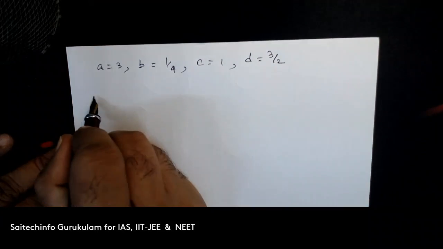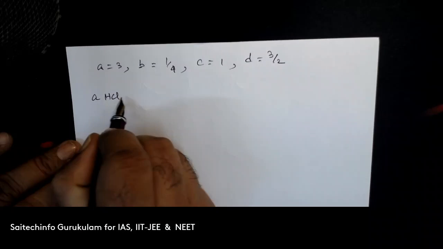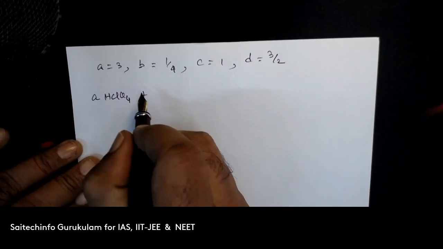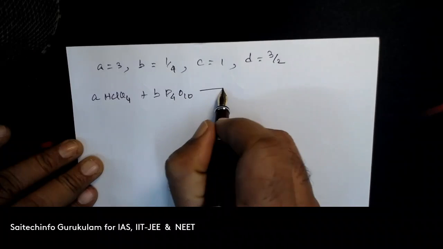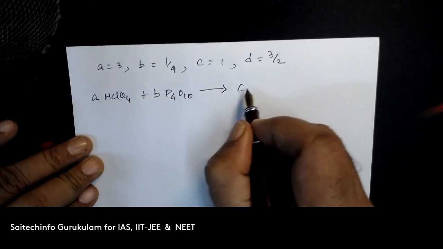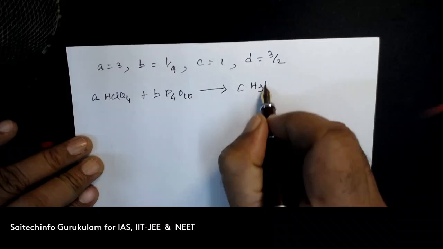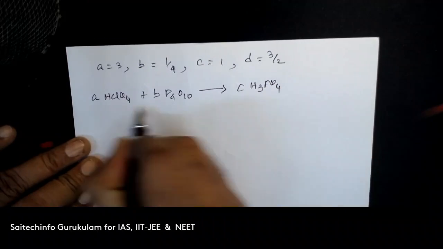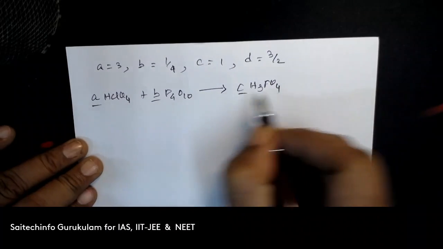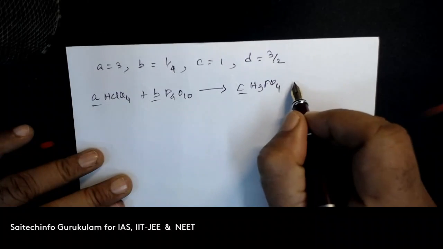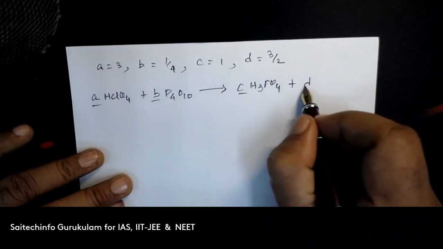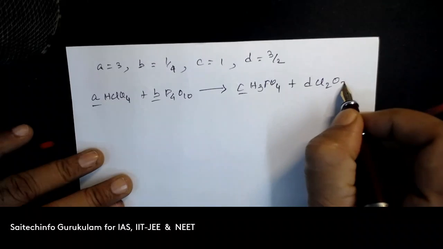The given equation is A HClO4 plus B P4O10 gives C H3PO4 plus D Cl2O7. These are the molar coefficients, for which we have found the values.